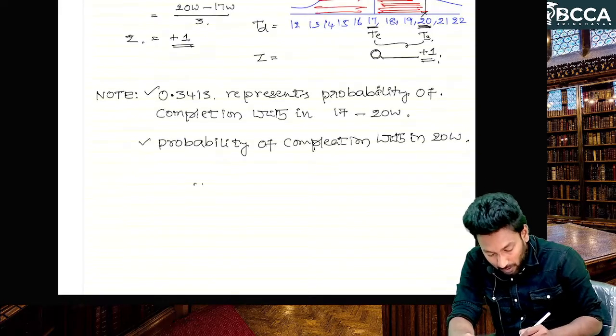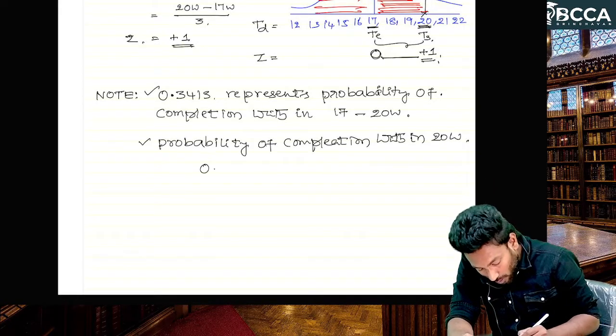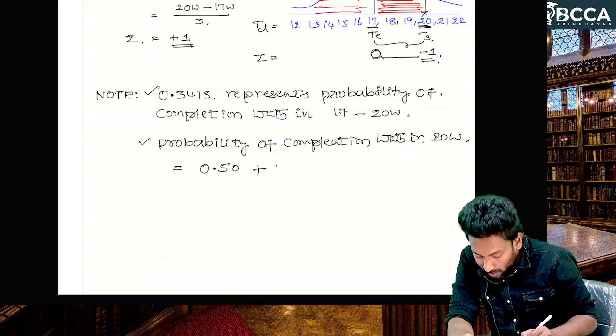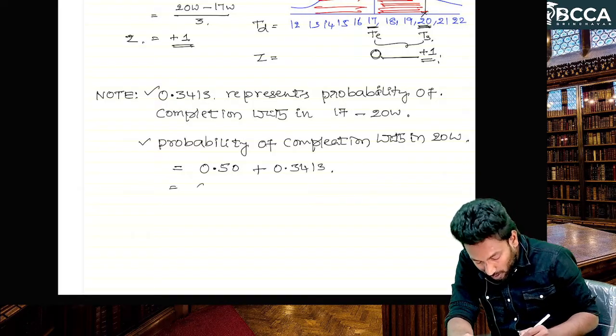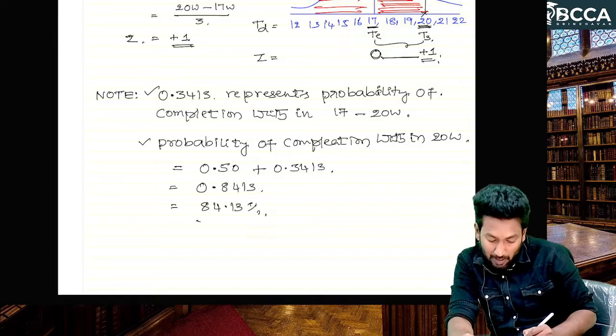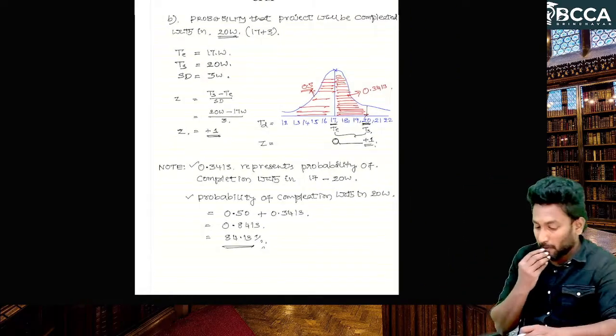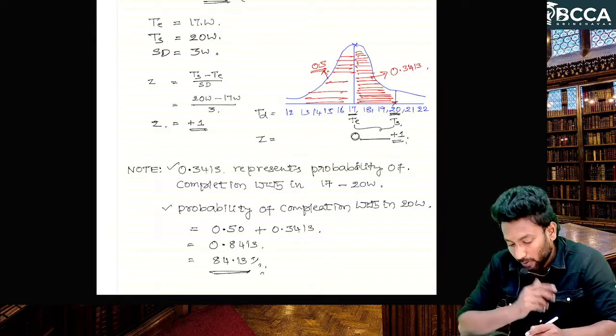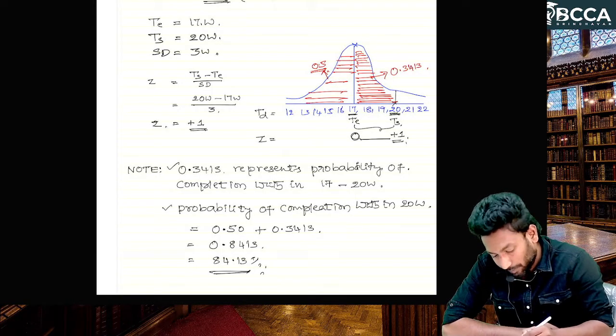That means 0.50 plus 0.3413, that means 0.8413, which we can write as 84.13 percent. So here we need this total area.